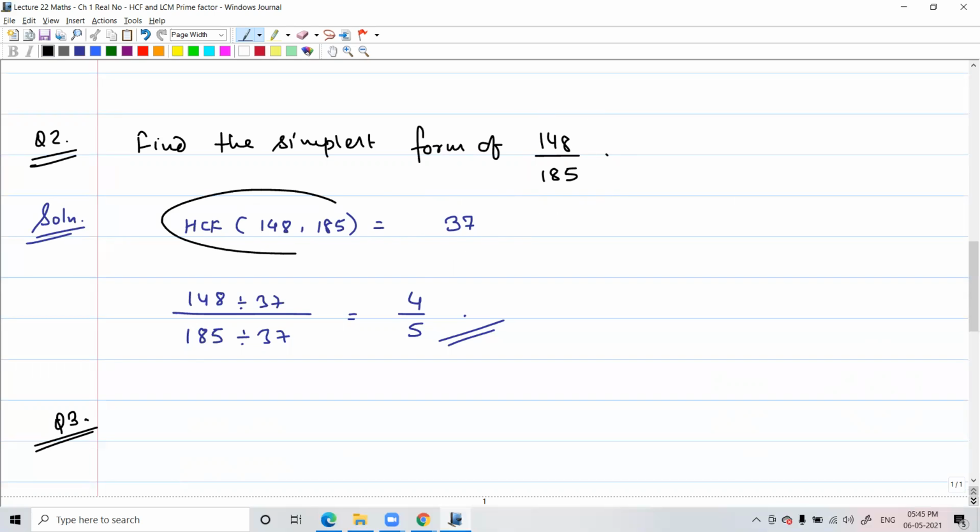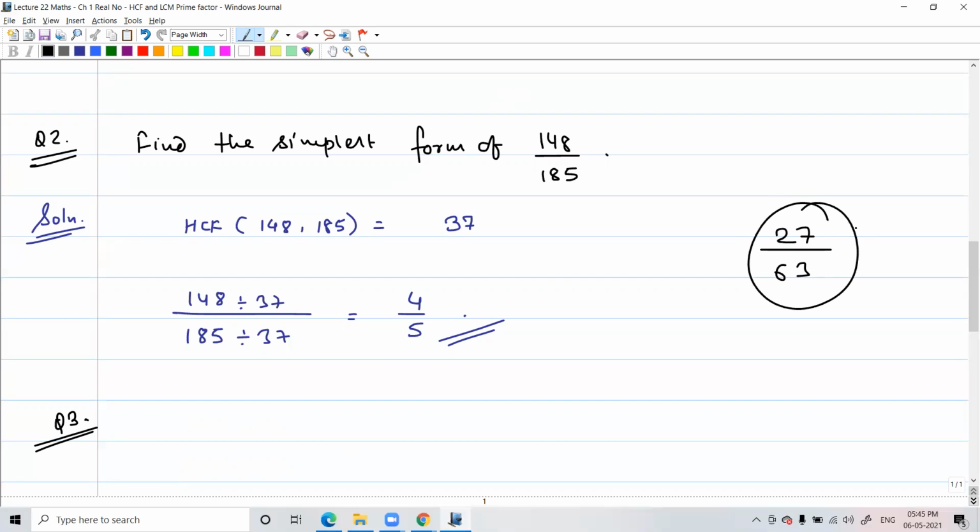You find the HCF. Okay, I gave you an example of 27 by 63, right? So if you want to bring this 27 by 63 to the simplest form, what do you do? You take the highest common factor, but normally you would know just by looking at these numbers that both of them are divisible by 9, right? Because these numbers are small.